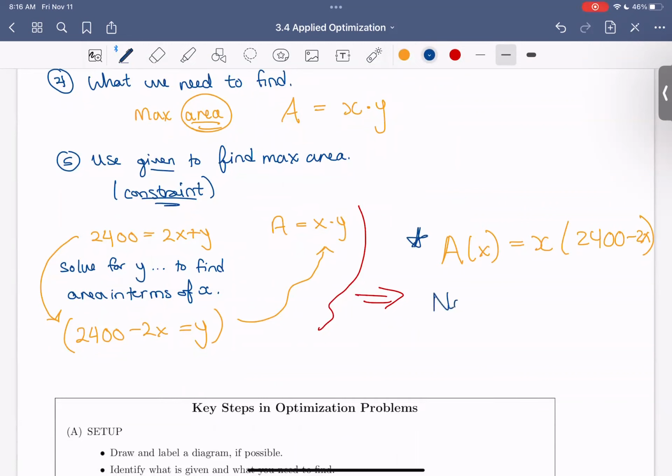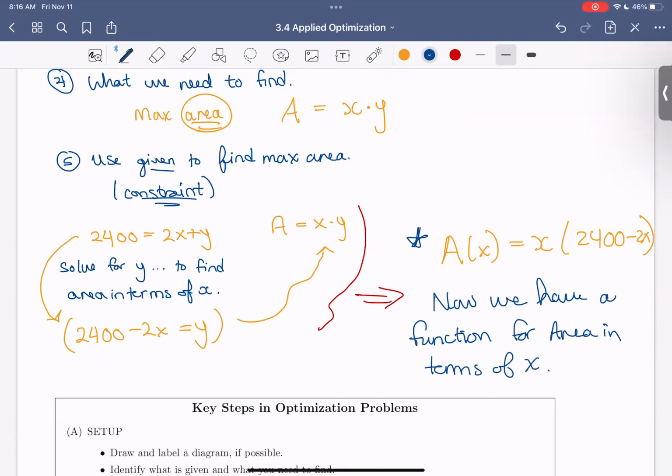So now we have a function for area in terms of just x. And so now we just need to find the maximum of the area function.